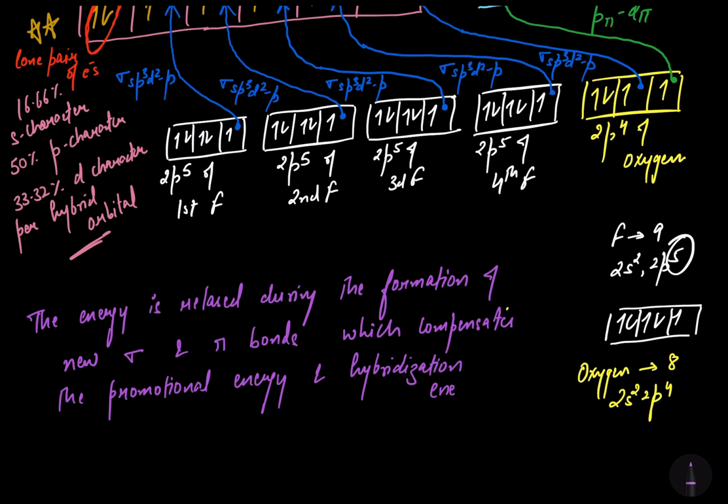As both the endothermic processes, promotional energy and hybridization energy, get compensated during the formation of new sigma and pi bonds between the hybrid orbitals of xenon and the p orbitals of 4 fluorine and the 1 oxygen atoms, that's why the formation of xenon oxyfluoride XeOF4 is chemically feasible.